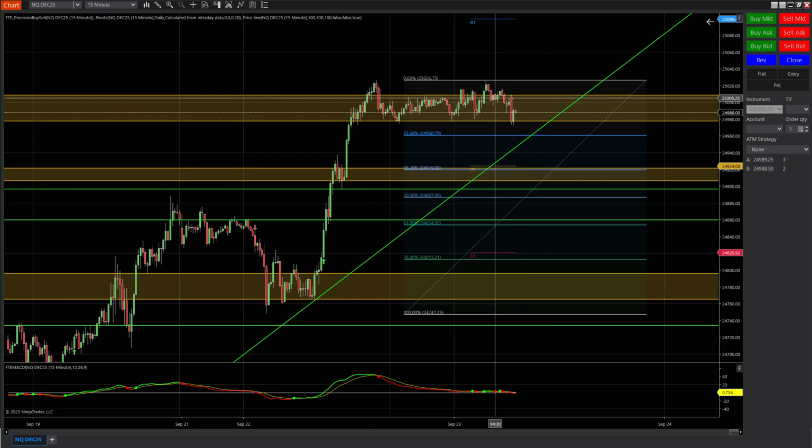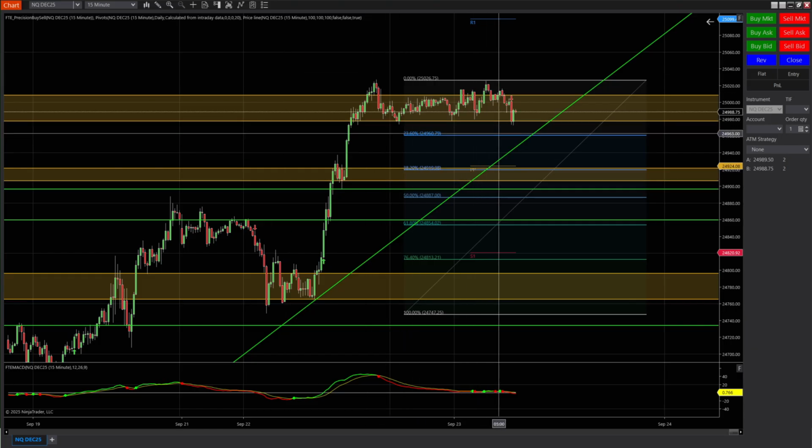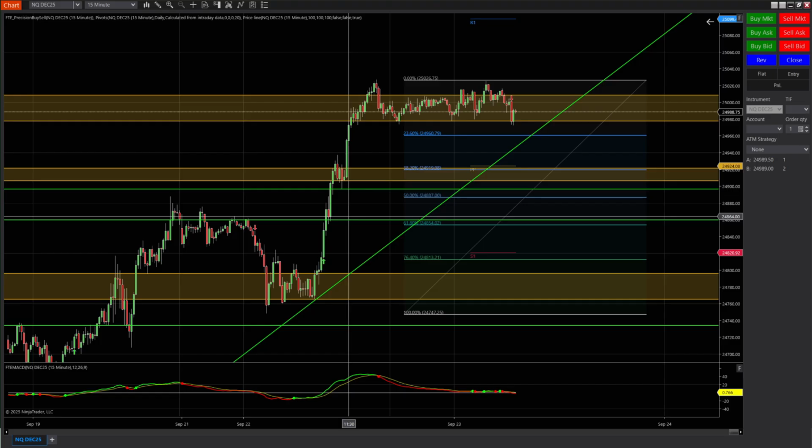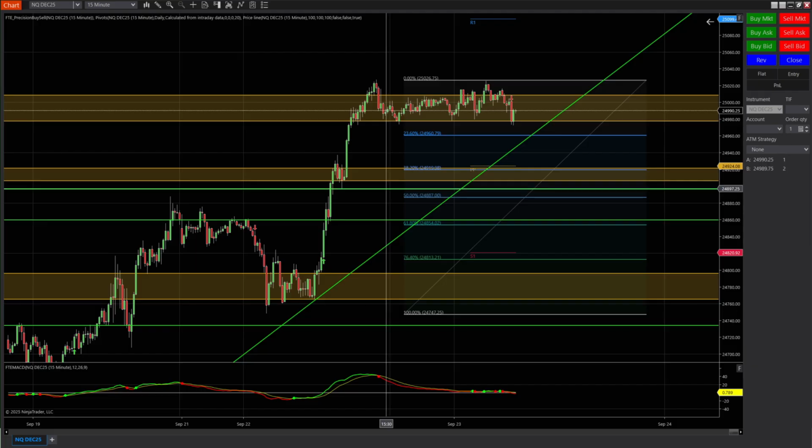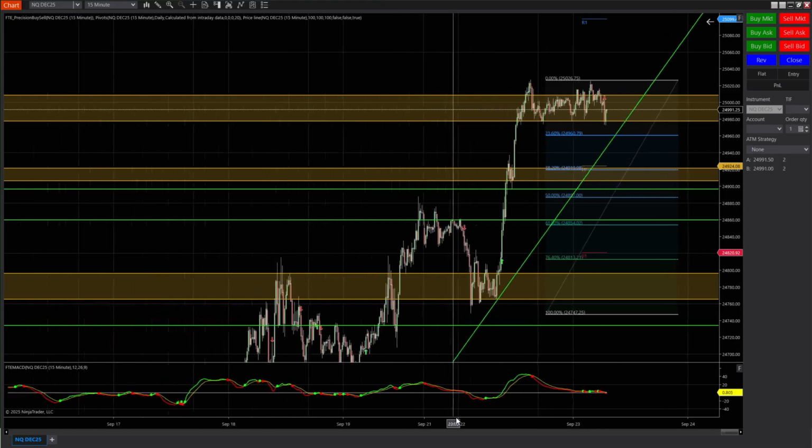You can see all this confluence price right here. If it breaks through that, I would be cautious at this green line, depending on how it's set up when the market opens. I might be a little cautious at that green line and a little more willing to take the trade maybe at the next green line.